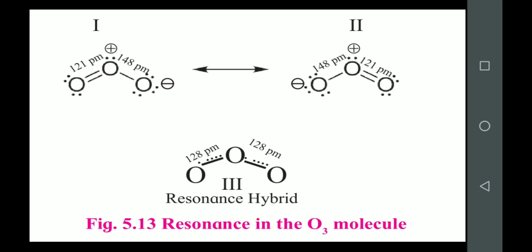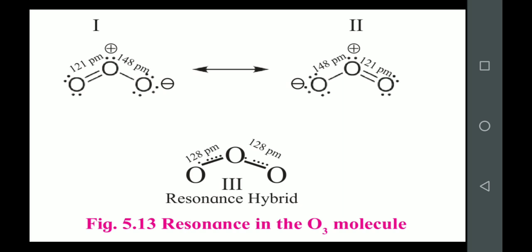It means some of the properties of ozone can be explained by structure 1 and some by structure 2. But instead of writing these two structures, we can always write a third structure, which is known as the resonance hybrid. It is not exhibiting the entire property of that molecule, but it can accumulate the maximum properties of that molecule in that one structure.